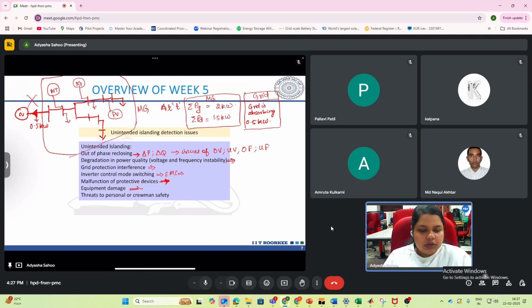Each appliance has its own rating, which is its working voltage. If the voltage and frequency are beyond the permissible rating of the appliance, it may lead to equipment damage. Then threats to personnel or crew safety: as we saw, if they don't know that islanding has taken place, they may face safety hazards when they reach the field.